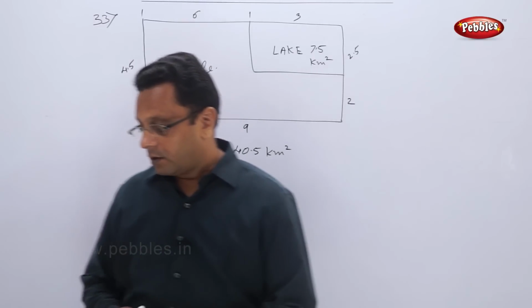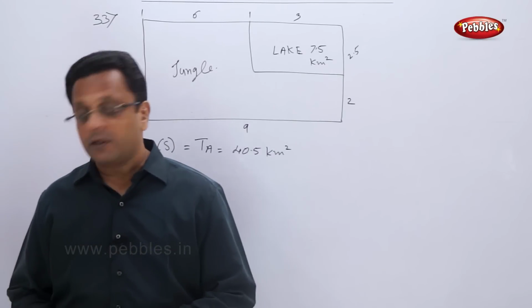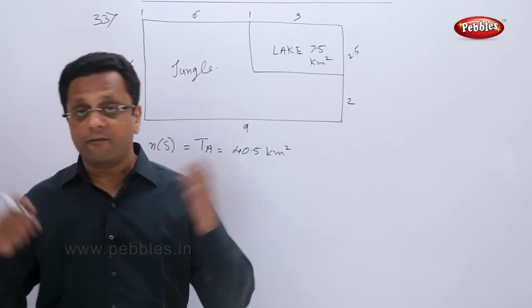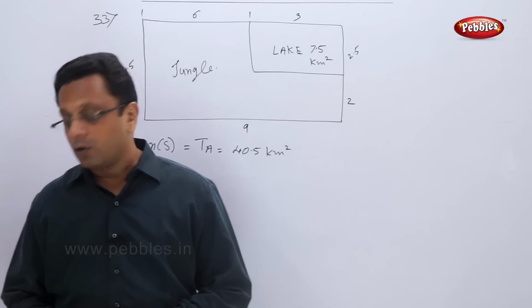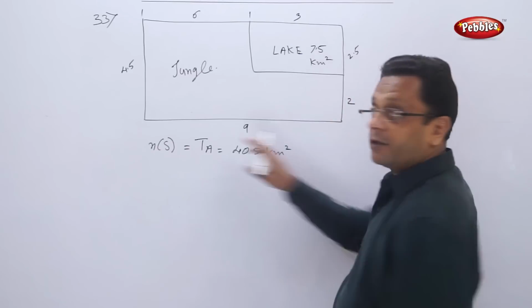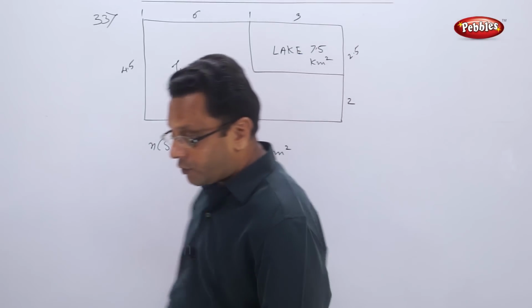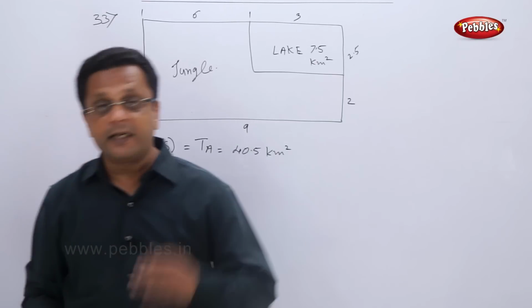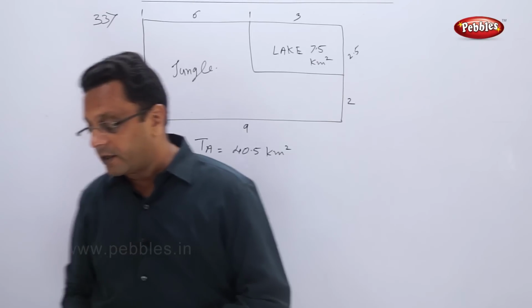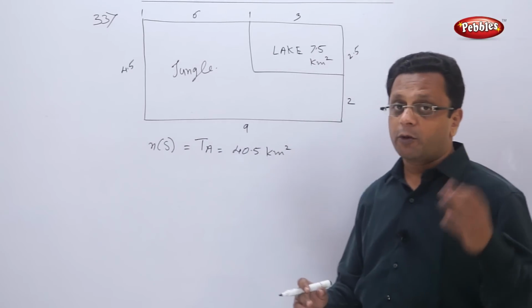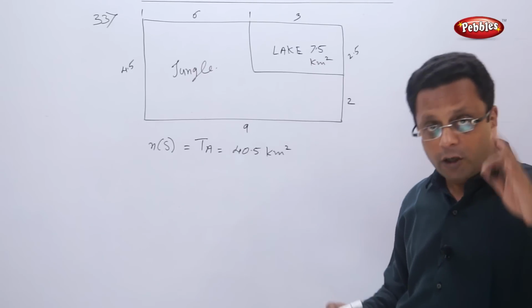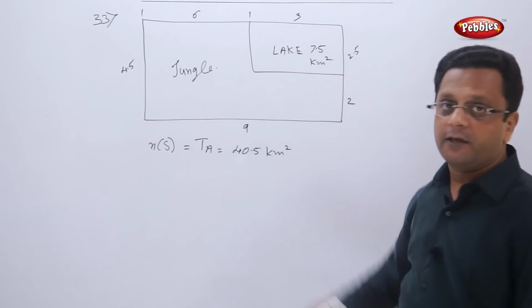Let us see. The missing helicopter is reported to have crashed somewhere in the rectangular region shown in the figure. This complete rectangular region. What is the probability that it crashed inside the lake shown in the figure? The event is the helicopter crashed inside the lake.